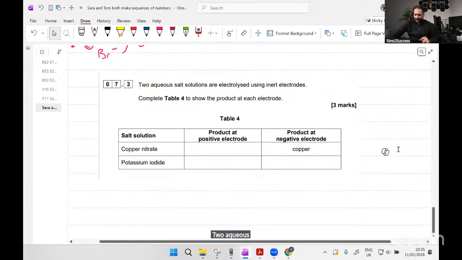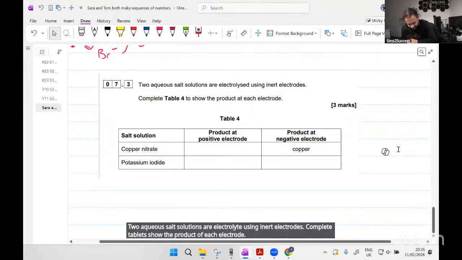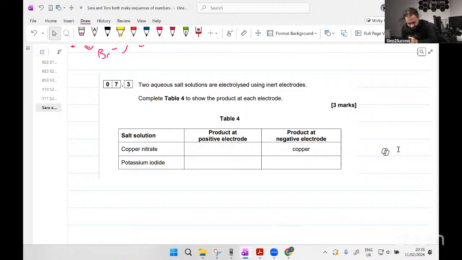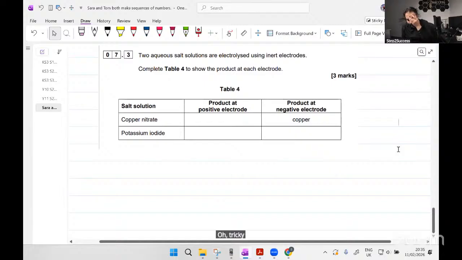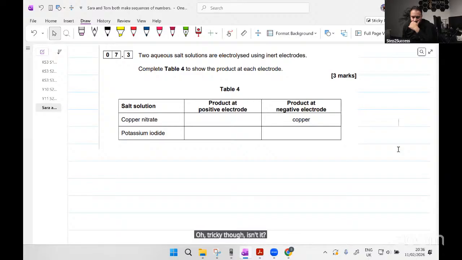2 aqueous salt solutions are electrolyzed using inert electrodes. Complete the table to show the product at each electrode. So tricky, isn't it? It's a very small number of marks for a lot of understanding of electrolysis.